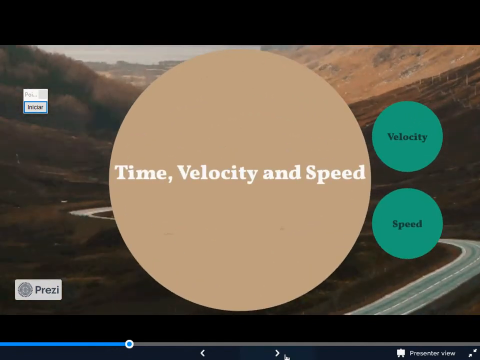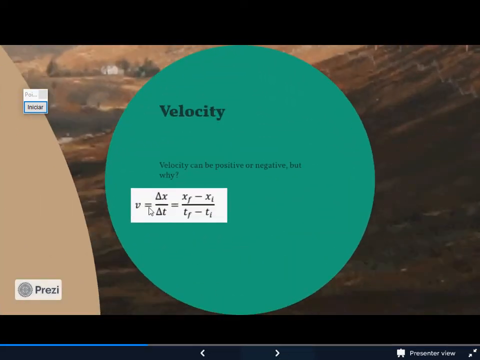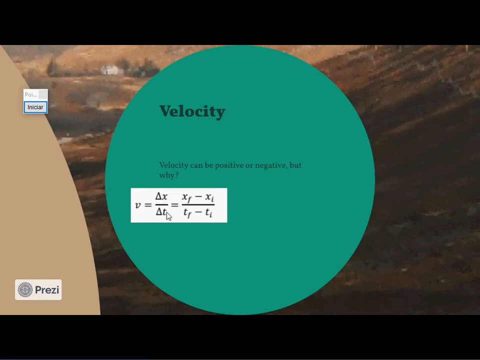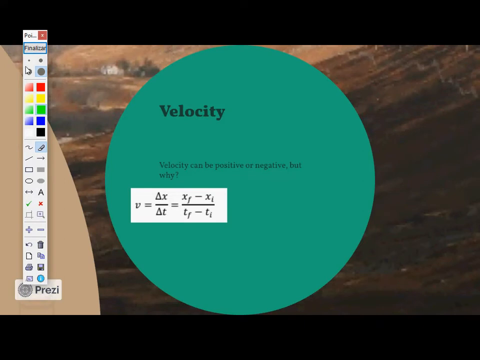Well, first of all, we're going to focus on velocity, which has a formula: velocity is equal to the displacement divided by the time, or equal to the final position minus initial position divided by the final time minus the initial time. There is one more easy way to see this formula.